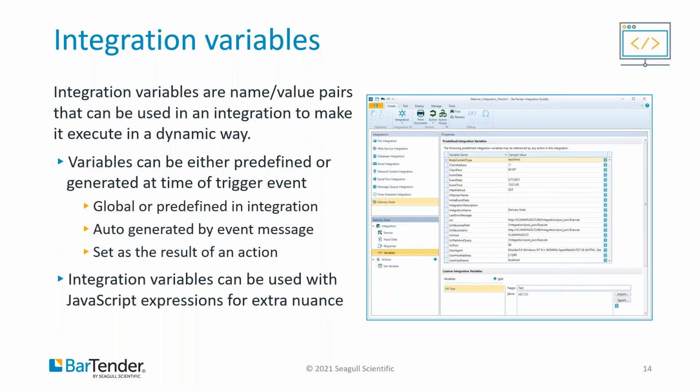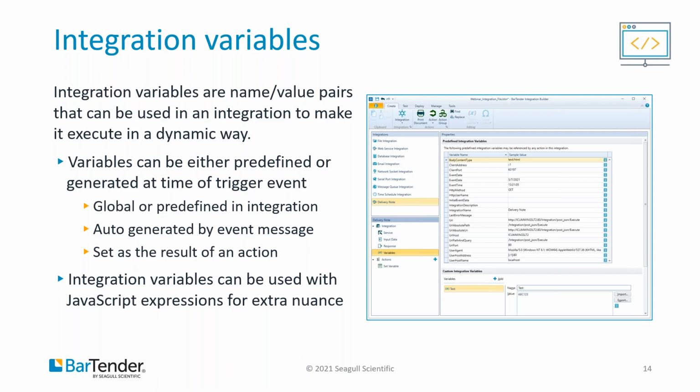Integration variables. Now, this is a very interesting topic for the integration platform. Essentially, a variable, as is always the case, is going to have a name. So what is the name of the variable? And then also, what is the value of the variable? In the context of the integration platform, variables are used in a way that allows us to make your integrations dynamic.